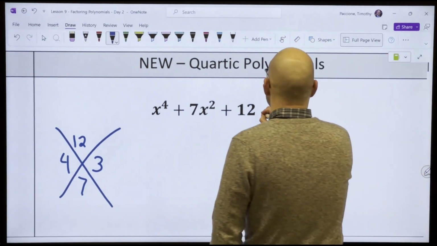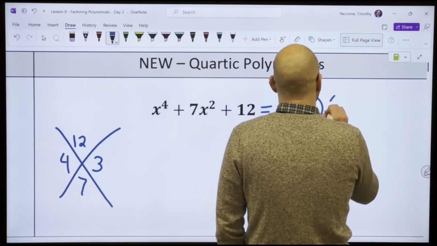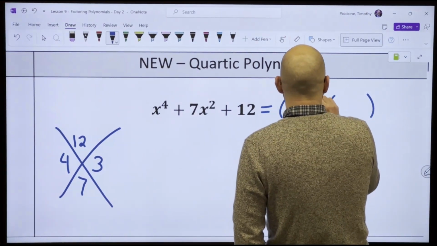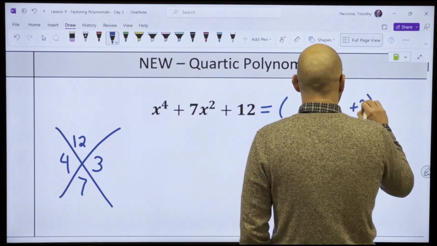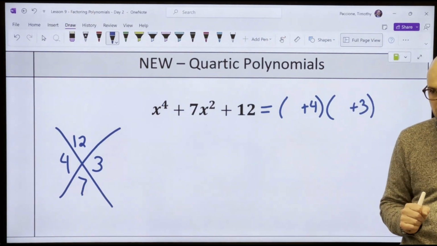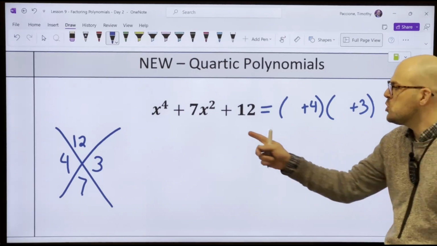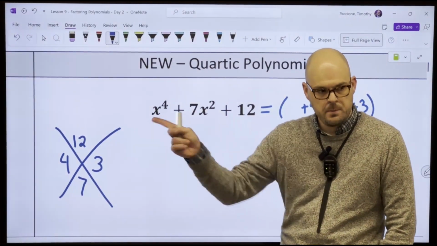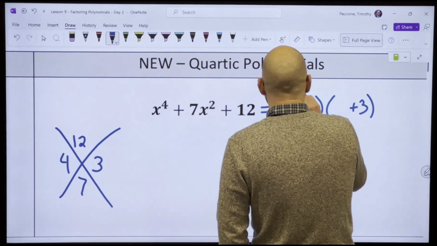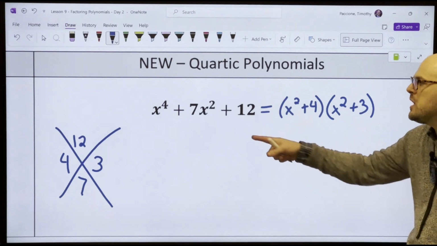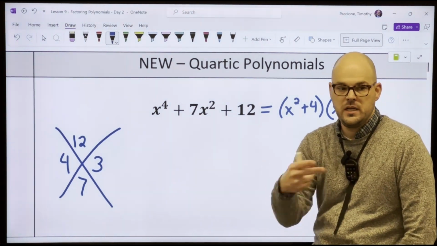So, when I go to do this, just be very careful. Yep, it's plus 4, and yep, it's plus 3. But what needs to go in that first spot? x squared. Because I'm trying to get to x to the 4th if I'm going back, right? So I need x squared here, and I need x squared here. And that'll get me to my x to the 4th if I ever needed to go back, right?